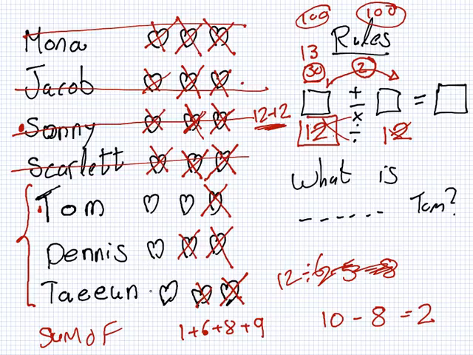Good, correct. Okay, go ahead. 60 subtract 9. Who are you picking? 60 subtract 9. Okay, go ahead, Tom. This is exciting.